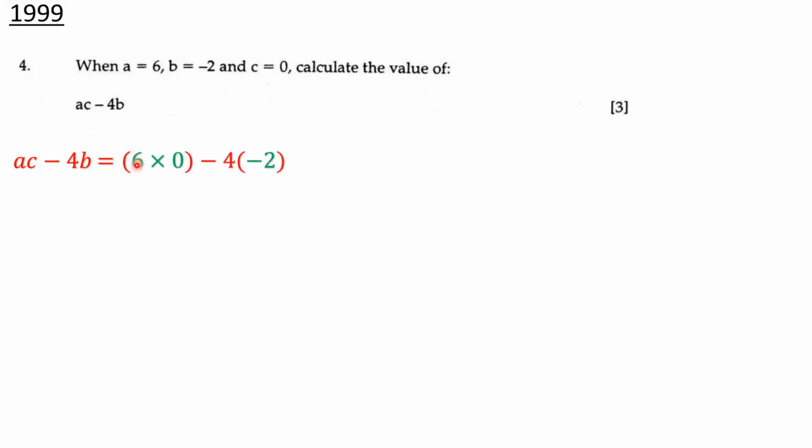Remember, A is 6, C is 0, and B is -2. 6 times 0 is definitely 0. And then -4 times -2 is going to be +8, because a negative times a negative is a positive. And so we have 0 plus 8, which is going to be equal to 8.